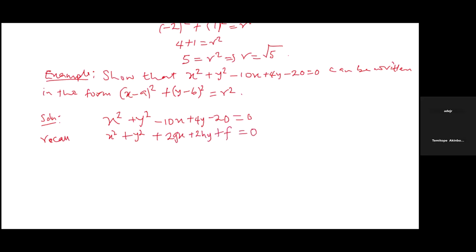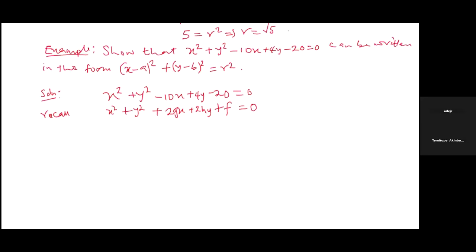So with this, I will now compare terms with x. You can see that x squared and y squared in both have the same coefficient, and of course the coefficient of x squared and y squared must be 1. So take note of that.